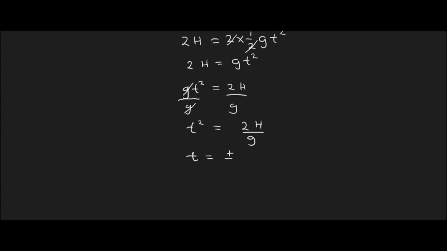Whenever we do square root, we put plus or minus. Technically, time can never be negative. Since time can never be negative, we get rid of this negative sign and we stick to this formula. T equal to root 2h over g.